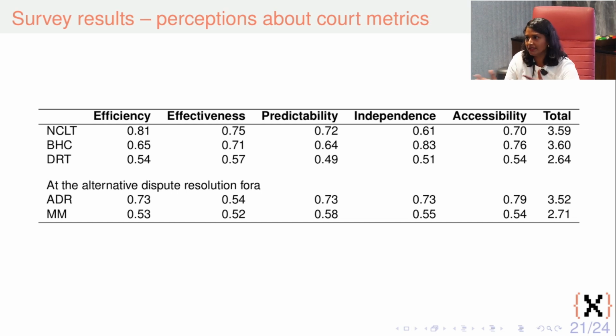So it really depends, like we were discussing, on the individual preference of each litigant. Everybody seems to be giving ADR a good ranking, except in effectiveness, because we really don't know how many that are actually settled outside go back into the system, like we were discussing earlier.